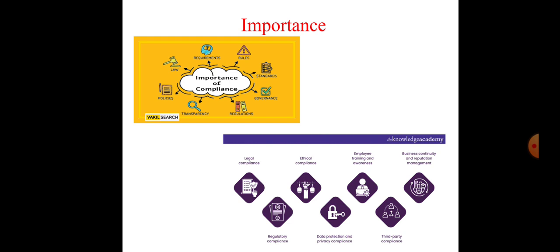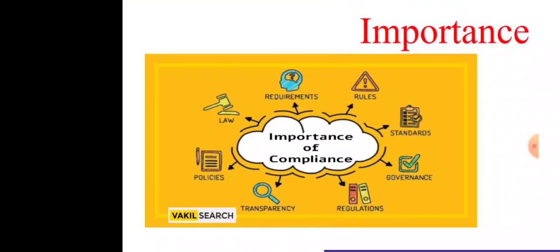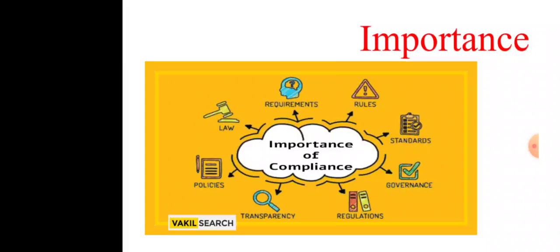Now we shall understand the importance of corporate compliance. As you can see in the example, the importance lies in setting rules and standards, following governance, setting regulations and following them, maintaining transparency, and having a list of do's and don'ts, or a code of conduct, on how we should be and how the work has to be done.